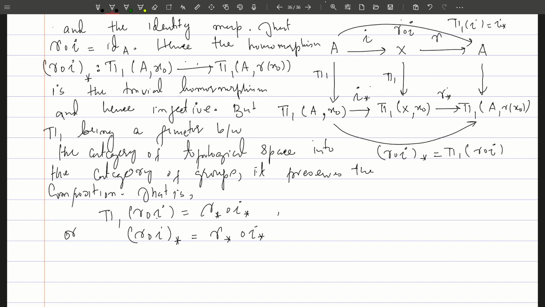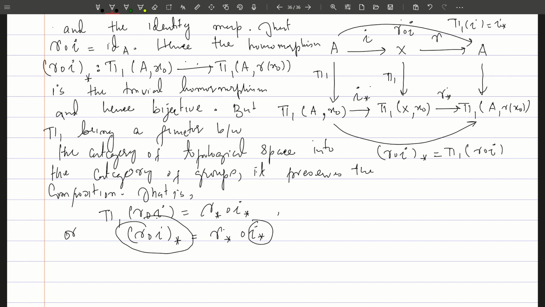But this map is bijective. This shows that I star is injective and R star is surjective. But we do not have to do anything with the surjectivity of R star.